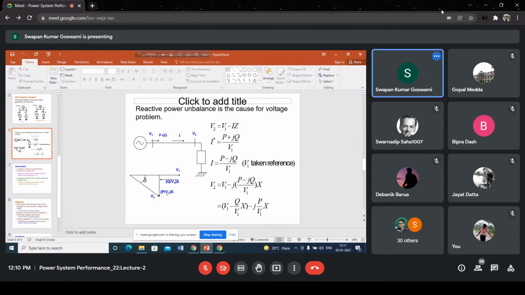And for this portion, Q by V1x, reactive power is responsible. That means the in-phase component of the voltage drop is created by the reactive power. That's why the reactive power is more responsible for the magnitude drop, and the quadrature component of the voltage drop is being created by the active power. That is why phase angle difference is mainly created by this active power part.